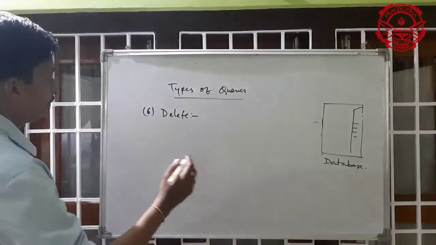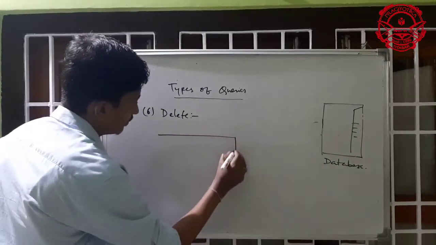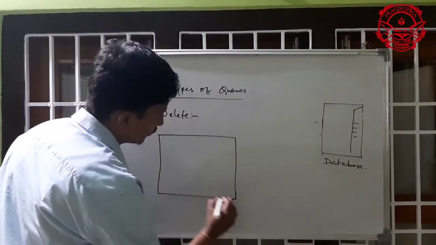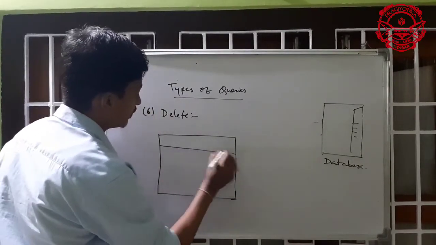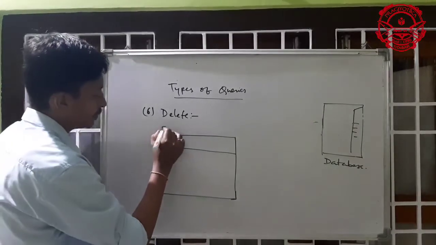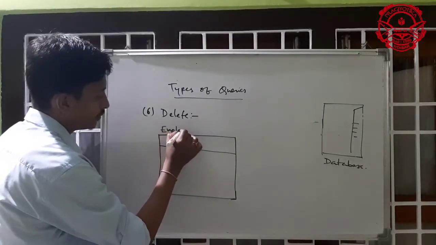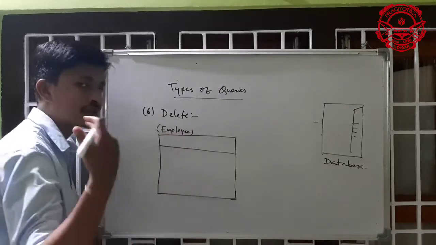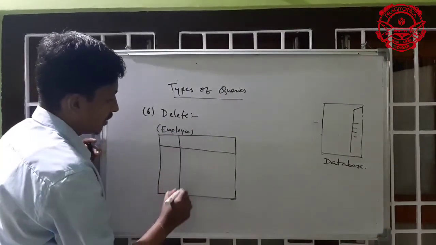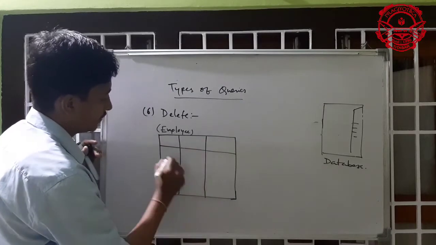For example, this is the record of student. Not student, say the record of employee. Not always students. Okay, now this time employee.